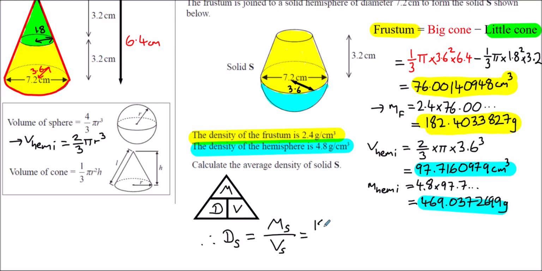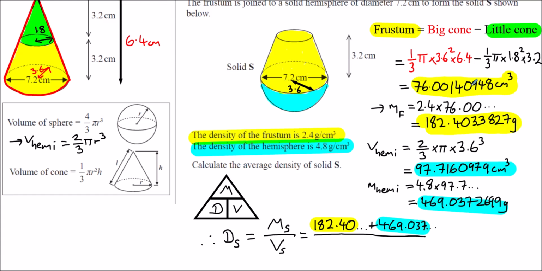So 182.40 plus the mass of the hemisphere, which is 469.037, and so on, all over the volume. So the total volume is the volume of a frustum plus the volume of a hemisphere, which again we've worked out. So just as the mass of a frustum is 182.40 and so on, and the mass of a hemisphere is this number here, we can do the same thing for the volume of both.